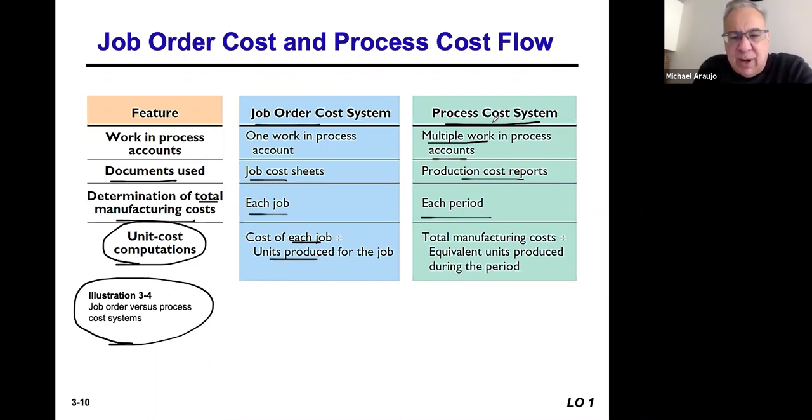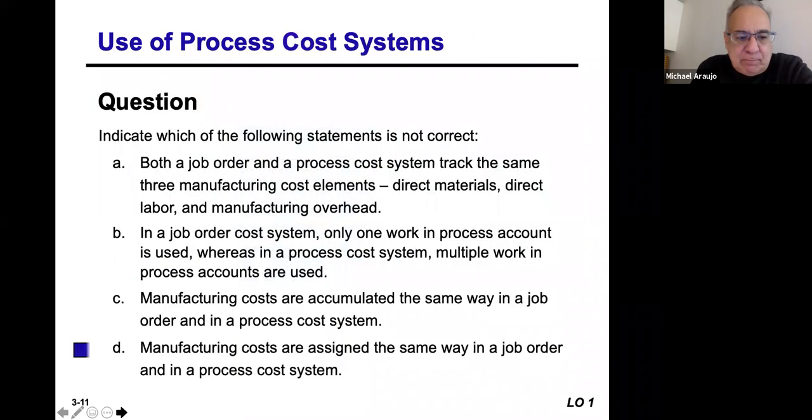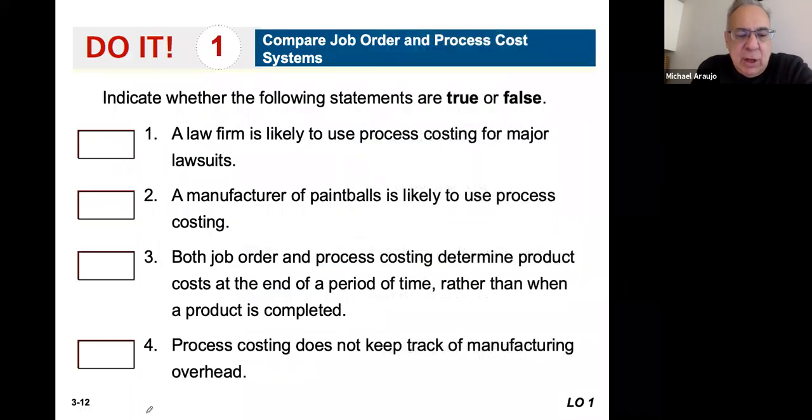What they do in a process cost system that you'll see next week is they take the total amount of costs and divide it by what they call an equivalent unit. You'll learn about that again next week. This is the end of learning objective 1.